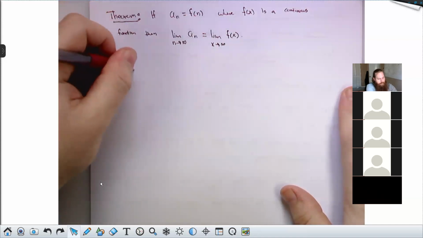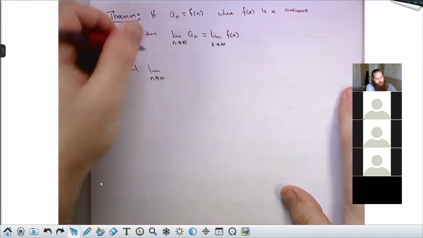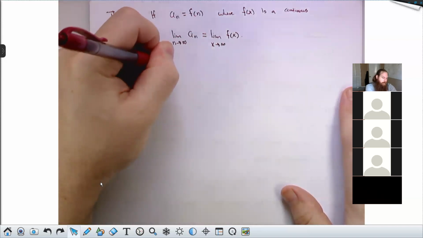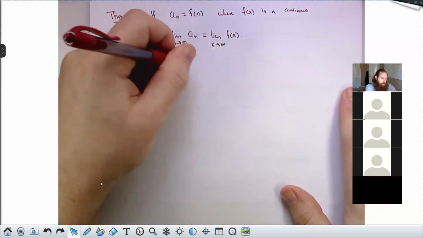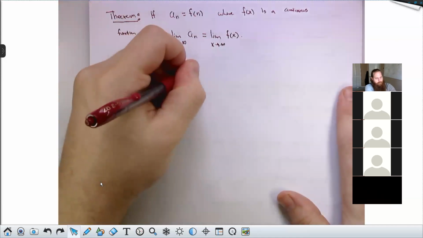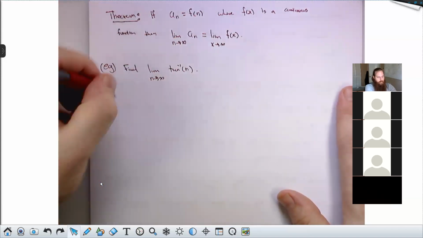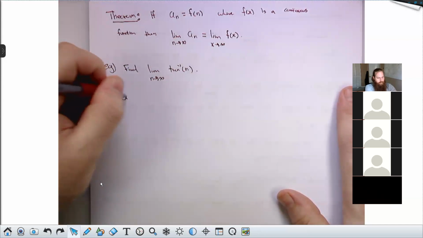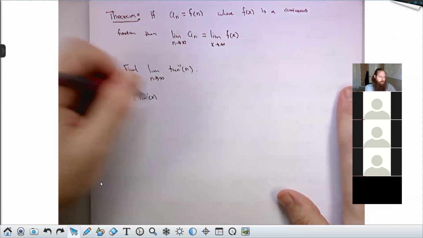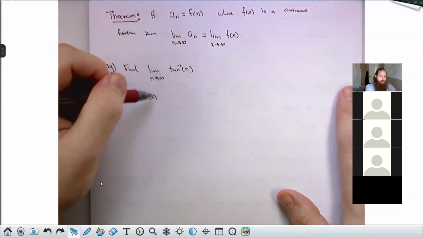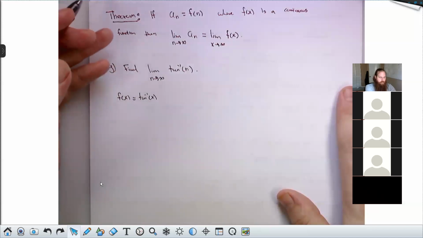Let's find the limit as n goes to infinity of the inverse tangent of n. Well, here f of x is equal to the inverse tangent of x. I can relate the sequence inverse tangent n to the function inverse tangent x.